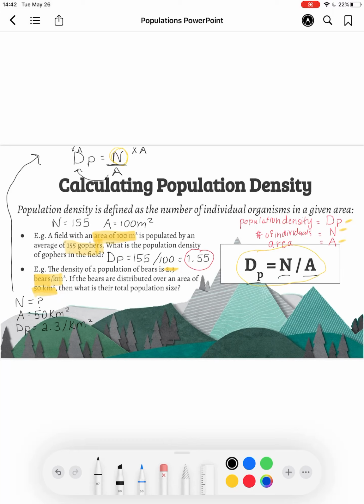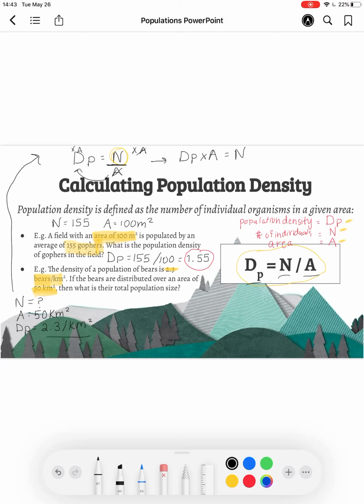So when I multiply both sides by A, A divided by A gets rid of it. So I'm going to rewrite this over here. This becomes dP times A is equal to N. So now that I've got that formula rearranged, I can plug in my pieces of information. I've got a dP.